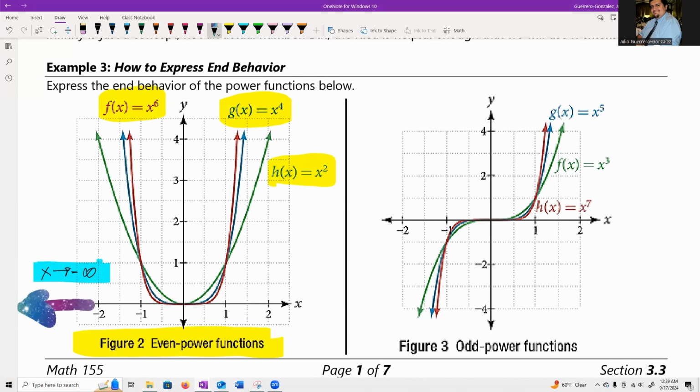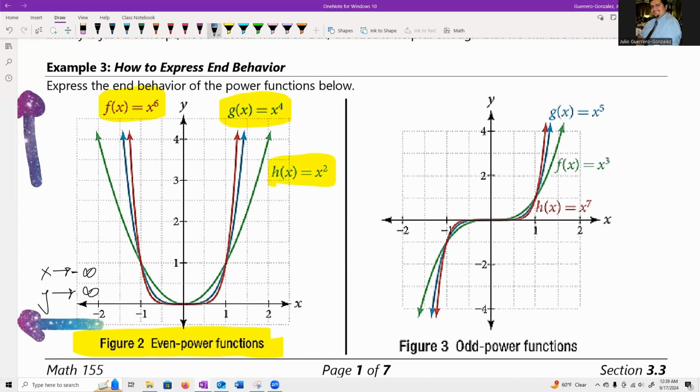So what we say here is this: as my x approaches negative infinity, my y values approach infinity. So basically saying that as my x values go that way, my y values just shoot upward. And that's exactly what the graph is doing, all of these, as we get bigger and bigger negative numbers on the x-axis.